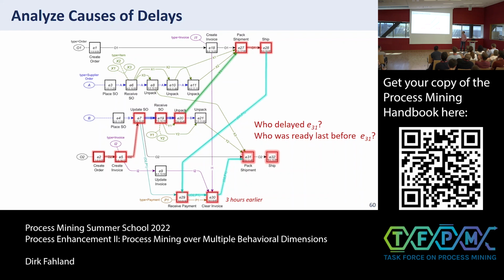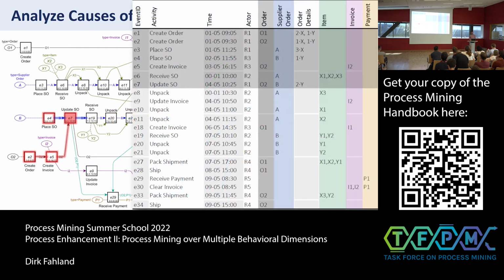Well, one of the things that's unusual, and we've already seen that before, right, is updating the supplier order. That's one that you actually don't want in there. So, what's wrong with E7? In order to understand that, we have to look at what was before E7. We're going to do that by later looking at the actor behavior.